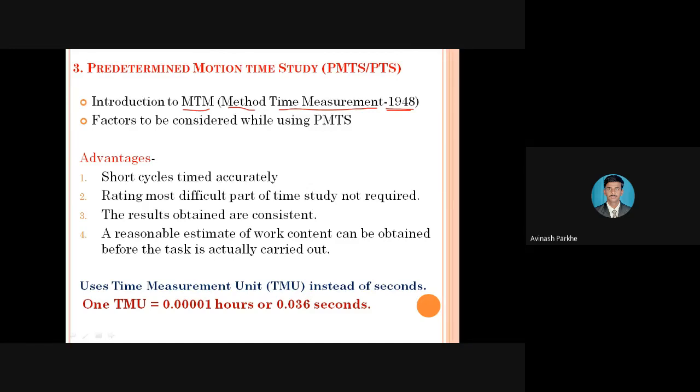I have to reach Solapur at 1 p.m. How much time is required for traveling? 1 hour and 30 minutes. Like that, we plan in our mind and analyze that time. Within 1 hour and 30 minutes, I have to reach Solapur.